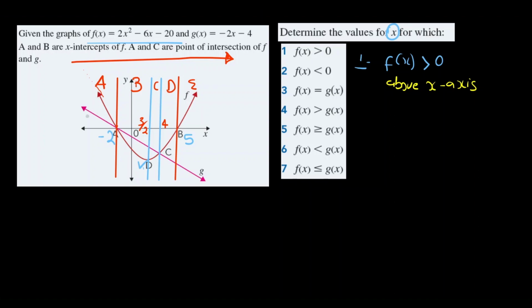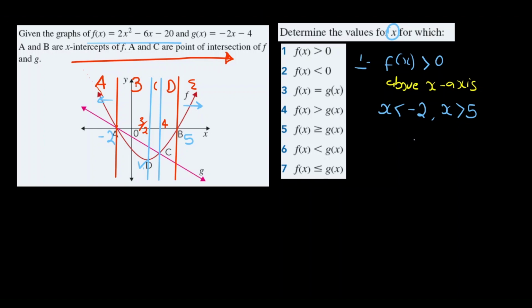So the area where the graph is above the x-axis is actually on the left hand side of A. You can represent that mathematically and say it's at x is less than -2, meaning that it's on the left hand side of A, and also is on the right hand side of B, because at B, that's when it comes from the bottom, it comes to the top, meaning that it will be x is greater than 5. Those are the only two areas where the graph of f is above the x-axis.